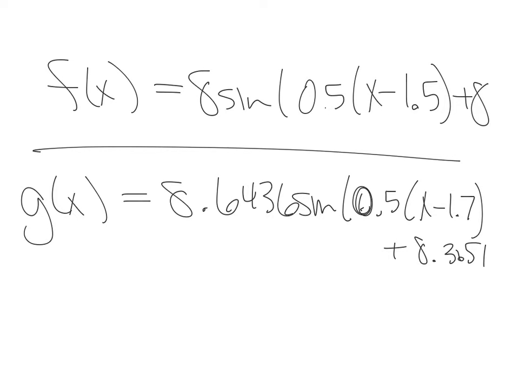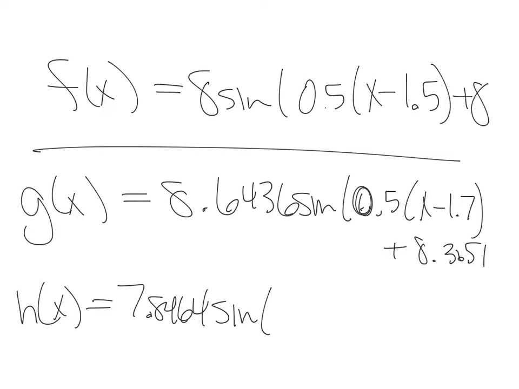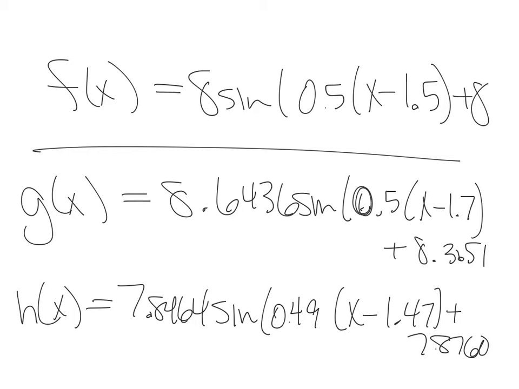There's no way for us to come up with those big numbers. I mean, we're just trying to read a graph, right? 7.8464, that's what they had for their amplitude. The omega 0.49 x minus 1.47 plus 7.8760. So we did the best we could with ours.